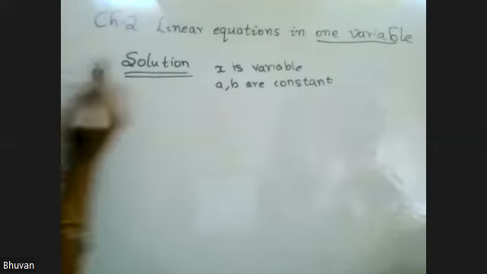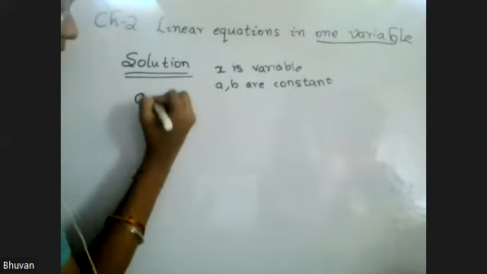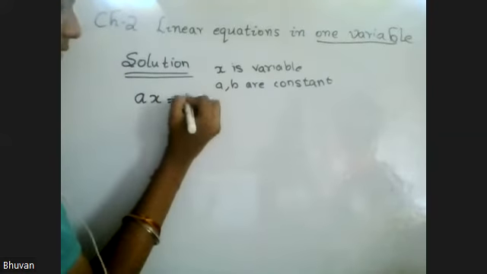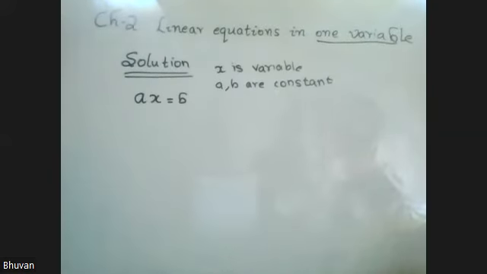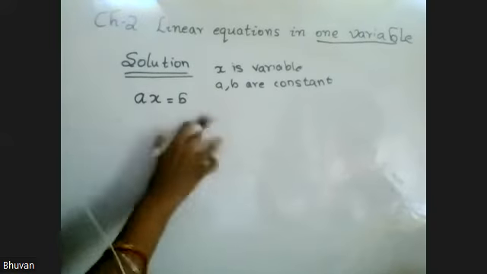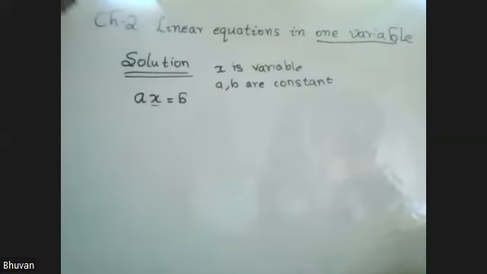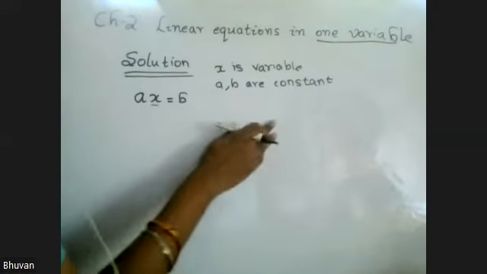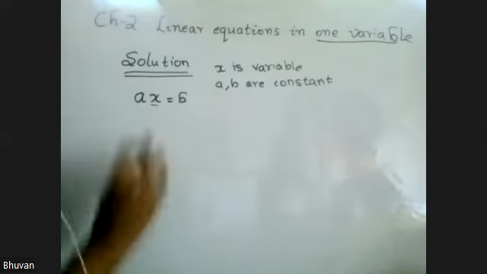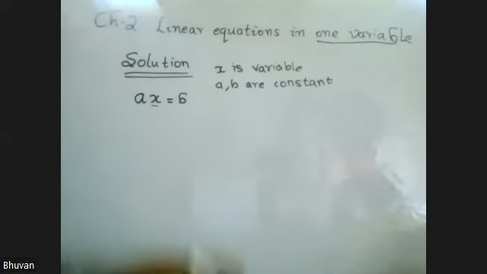So multiplication, let us take, for example, ax is equal to b. So we want the value of x. So we should eliminate a. We know that in case of addition and subtraction, we should use additive inverse. Multiplication, division, multiplicative inverse.